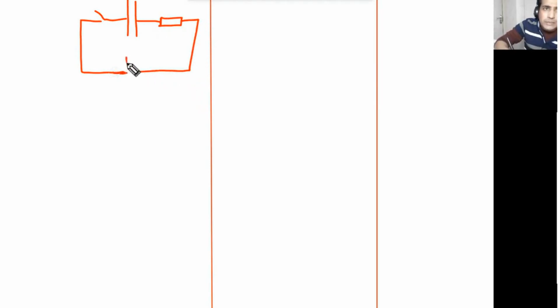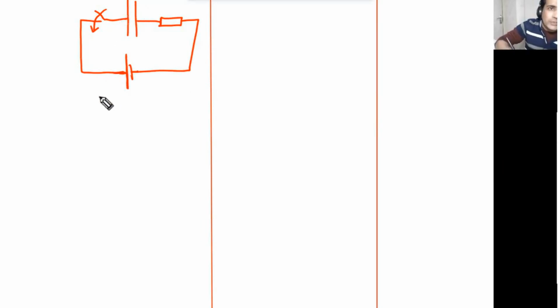So you can see here, if we connect with a battery, what will happen is that as soon as we close this switch, the electrons from this plate leave. First of all, the basic thing you need to understand is that if I have two plates, there is no net charge on these two plates.